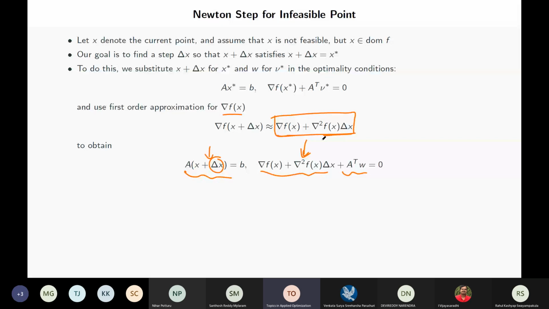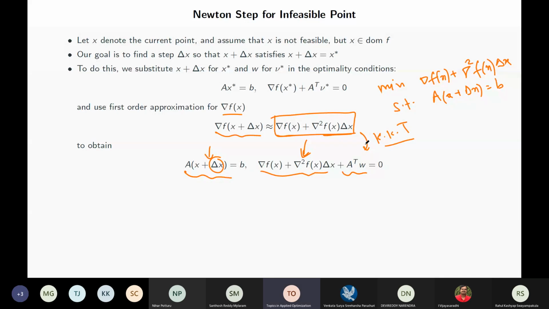And this is from the first order approximation of grad f(x), which will give me this. So it's like you change the problem to this: minimize grad f(x) plus grad square f(x) delta x, and that's it, subject to A(x plus delta x) equal to b. So this is the KKT for that.